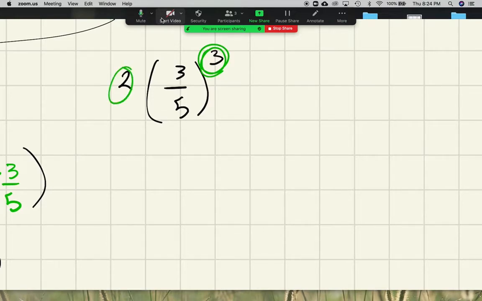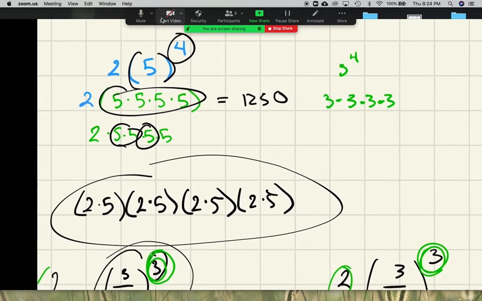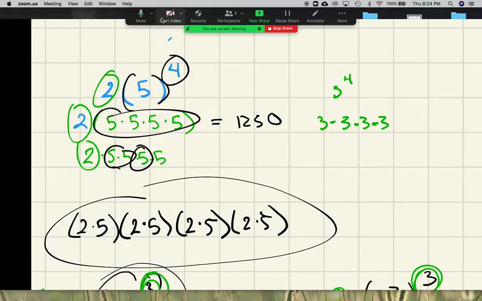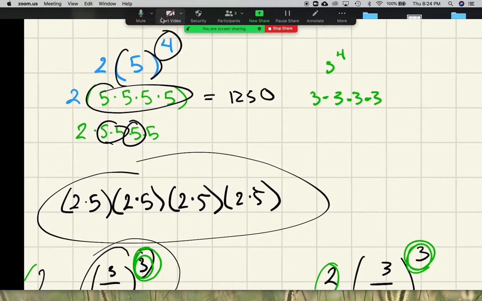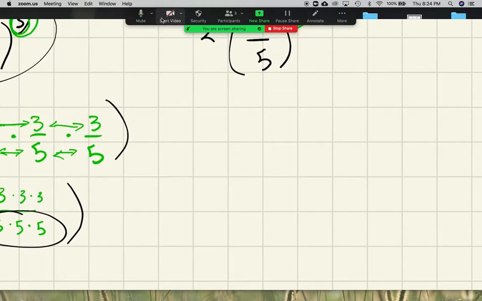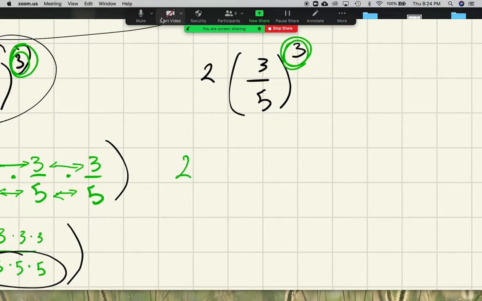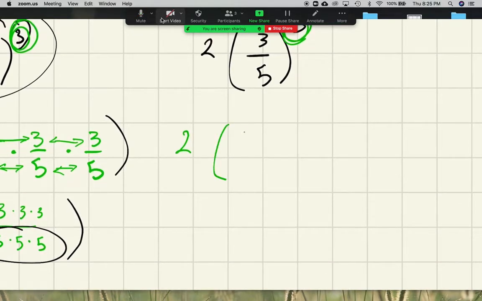And then leave this 2 just like we did before. The 2 just stays out in front until the very end. So I'll leave that 2 out in front, and then I'll have the 3 over 5 times 3 over 5 times 3 over 5. I've taken care of this 3 because I wrote it 3 times, 1, 2, 3, and then I multiplied because that's what this means.